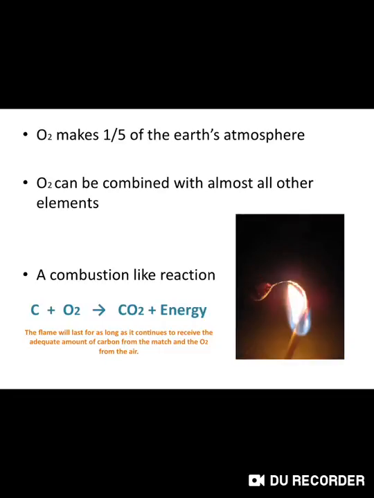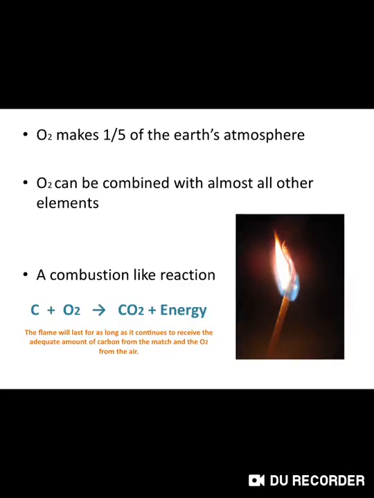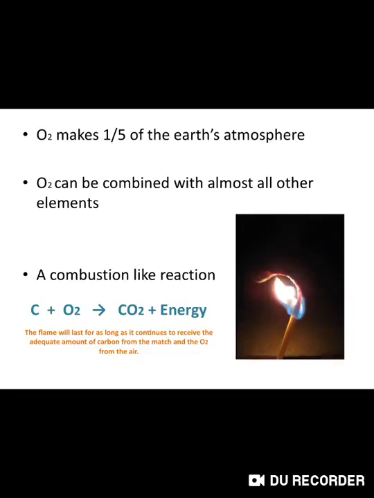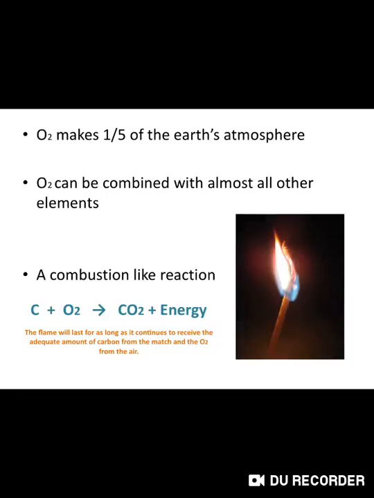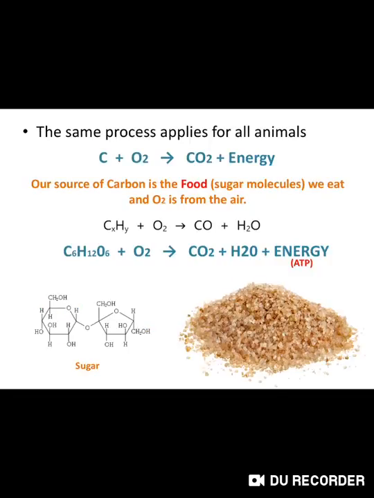In the case when we light a match, the flame will last for as long as it continues to receive an adequate amount of carbon, which is the wood in the match, and oxygen from the air. This same process applies for all animals.